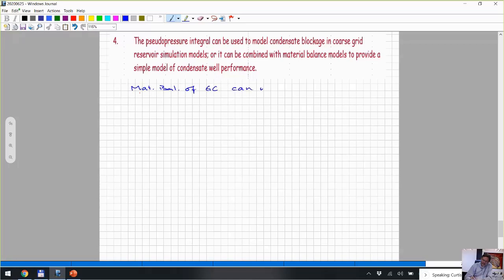Can use dry gas material balance equations, where the CVD two-phase Z factor is used for average reservoir pressures less than the dew point. So that's okay, and that should work. Even if you have aquifer, any of those dry gas.